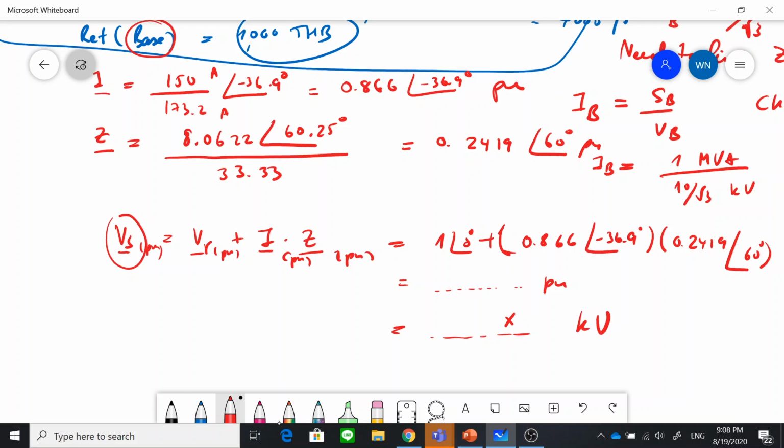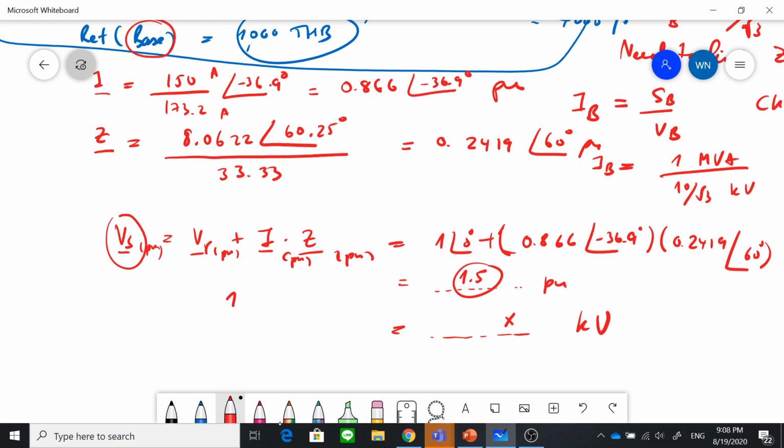For example, let's say you get 1.5 per unit. What is the interpretation of this? It is 50% greater than the base. 1.5 per unit means that this is 50% greater than the base quantity.